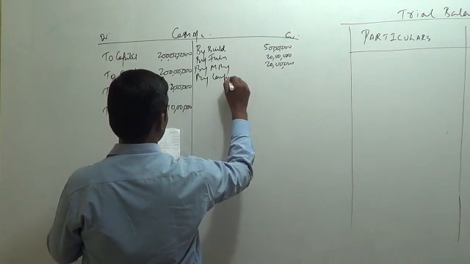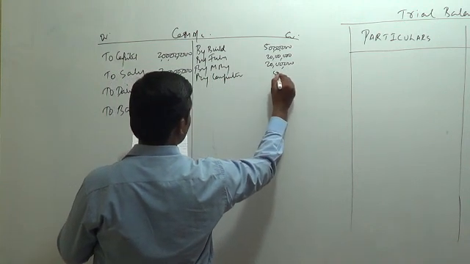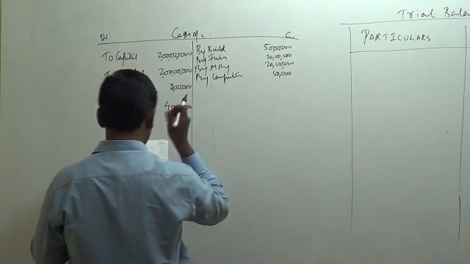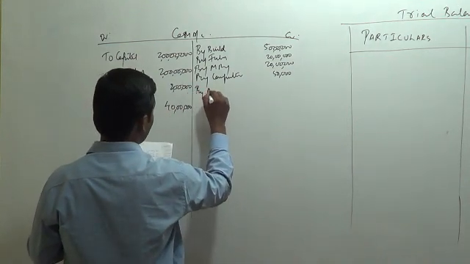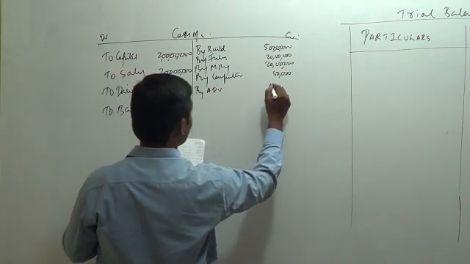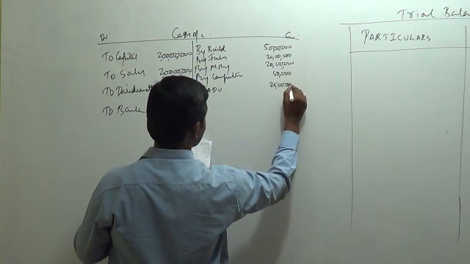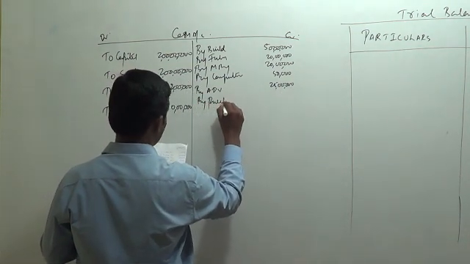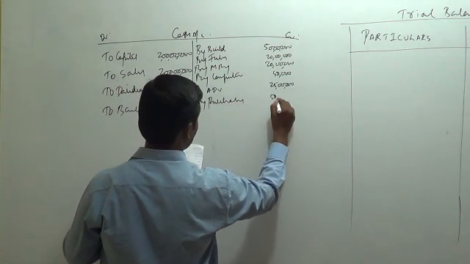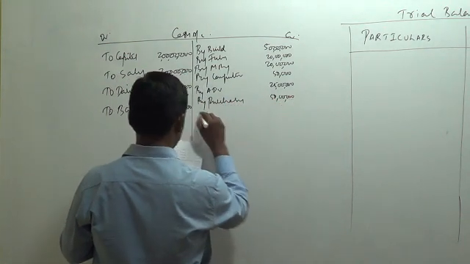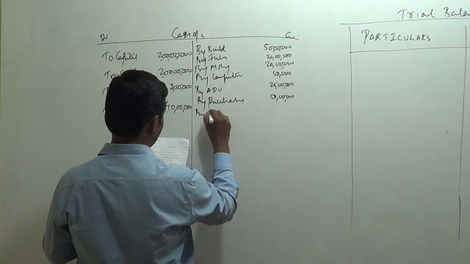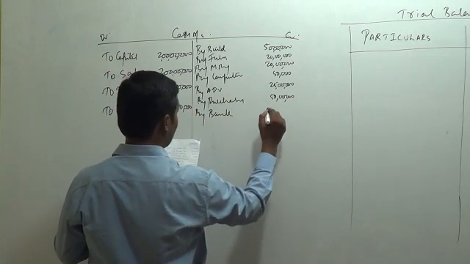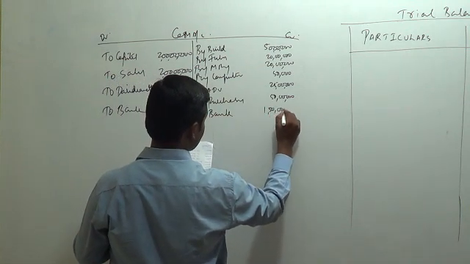By computer, 50,000. By advertisement, 25 lakhs. By purchases, 50 lakhs. By bank, 1 crore 50 lakhs.